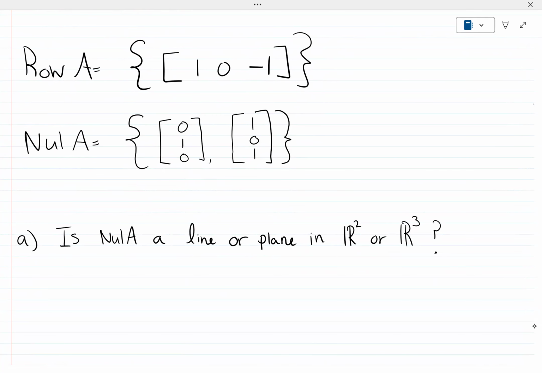So what we've got to do is figure out how many components there are.